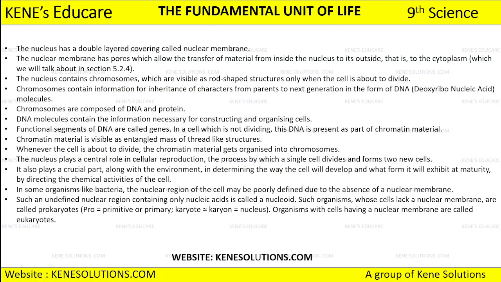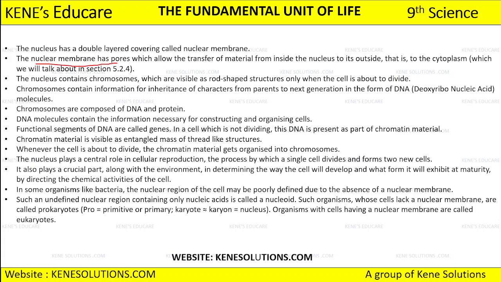These pores allow the transfer of material from inside the nucleus to the outside, that is to the cytoplasm, which we are going to discuss later. हम cytoplasm पे भी discuss करेंगे, but for now remember कि nucleus के ऊपर nuclear pore present होता है जो allow करता है in exchanging the material inside the cell as well as outside the cell.